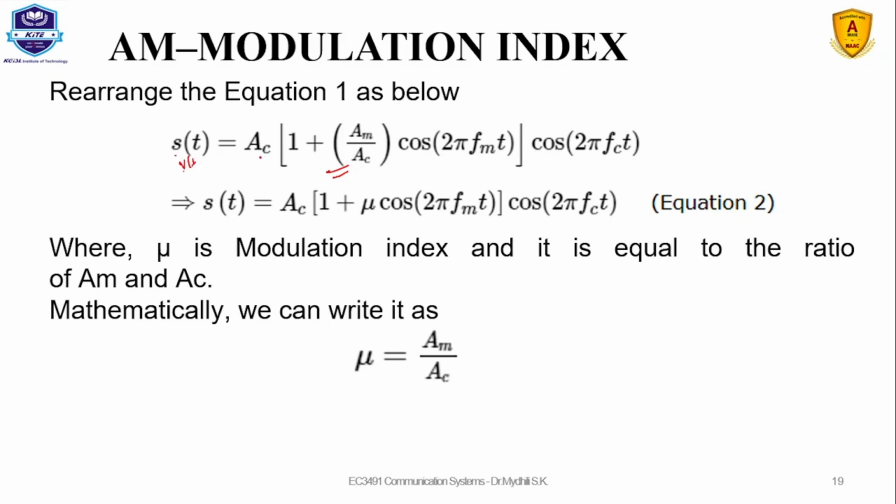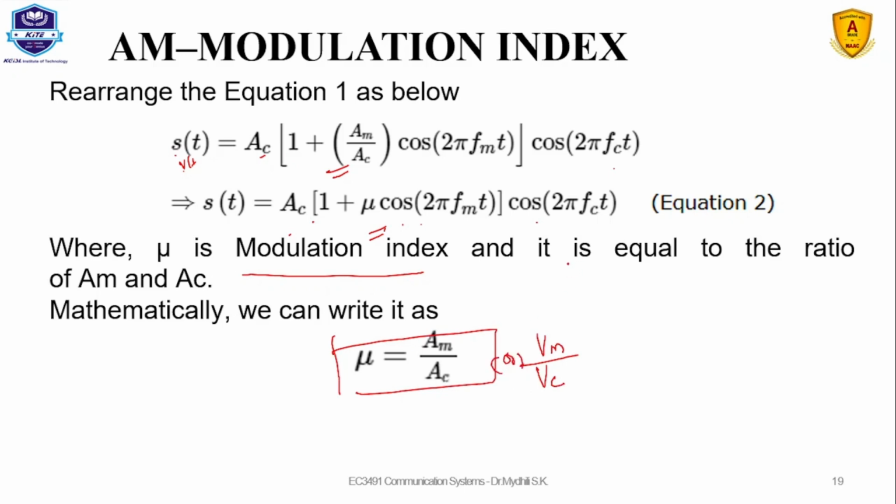Taking Vc outside, when solving this equation, we will get Vc into 1 plus mu into cos of omega mt into cos of omega ct. So this mu term is the new term we have arrived at for amplitude modulation, that is the modulation index. Simply it is also called Vm by Vc.